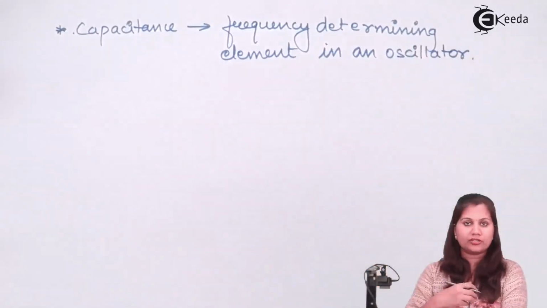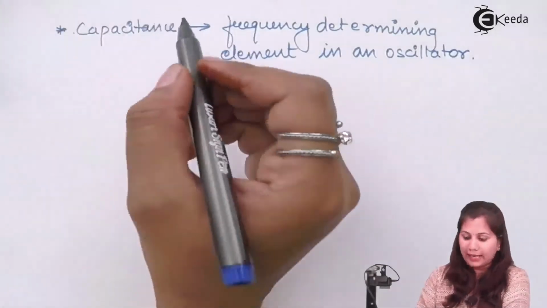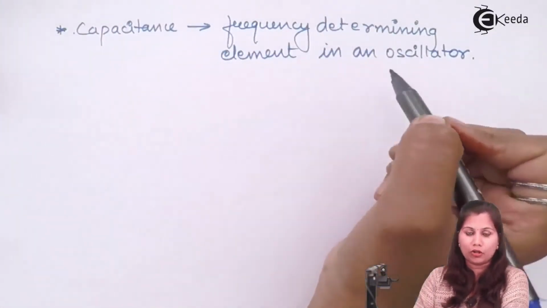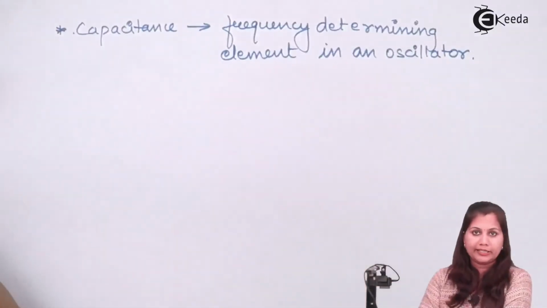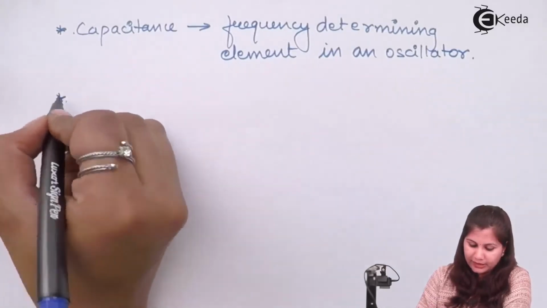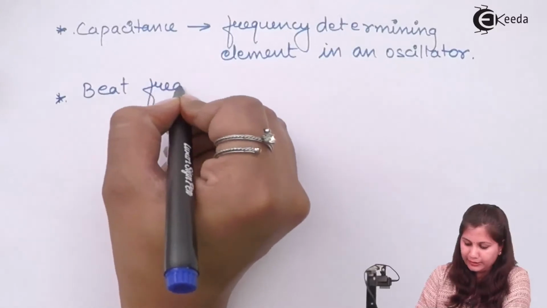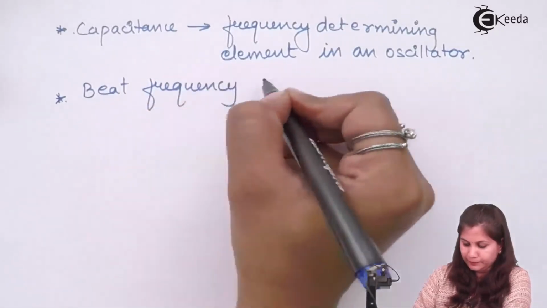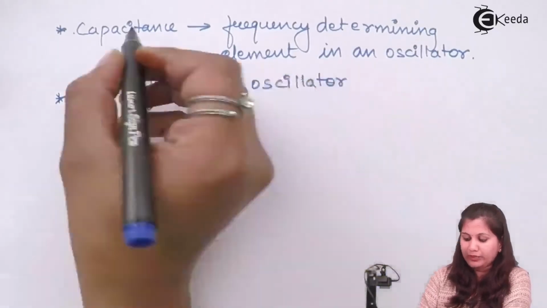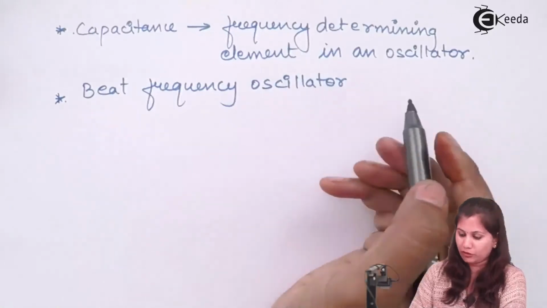Because the change in the capacitance is very small, the capacitor is included as a frequency determining element in the oscillator. So in the oscillator, it is going to generate a frequency, and another frequency is provided by the beat frequency oscillator.